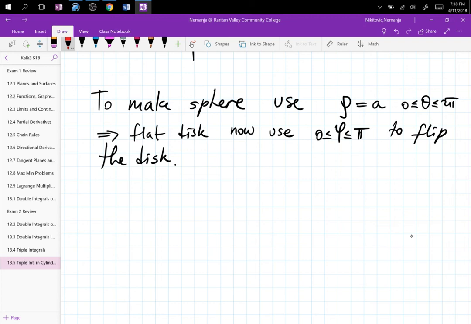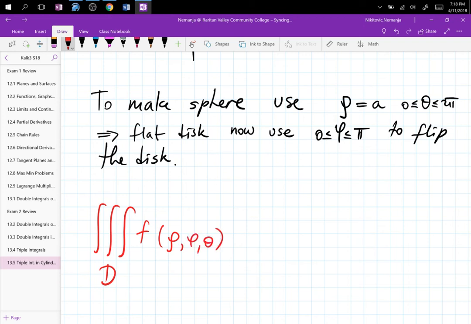Anyway, triple integral. So let's put the formula down and take a look. So triple integral over the region D, and now the function that you might have to put inside will be in terms of rho and phi and theta, dV. So it's a four-dimensional entity as always, and then if you have this f as 1, it computes the volume.